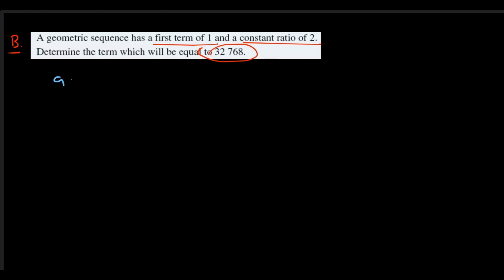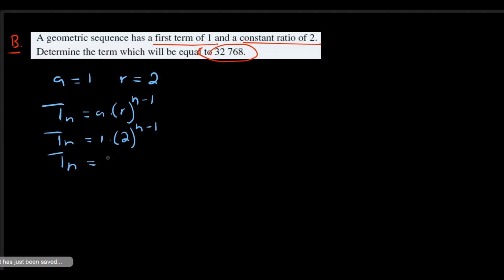Our first term a equals 1, and our constant ratio r equals 2. So our general term is Tn equals 2 to the power of n minus 1.